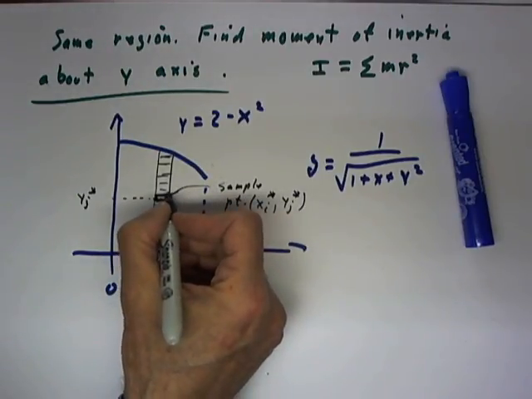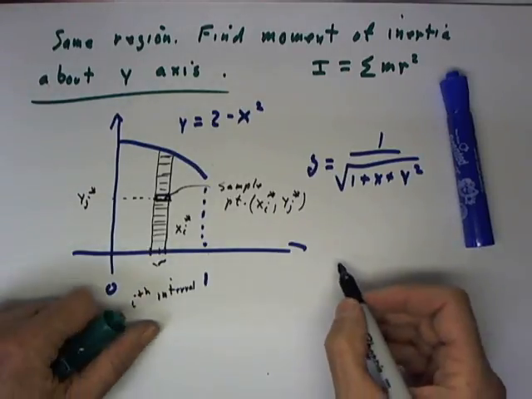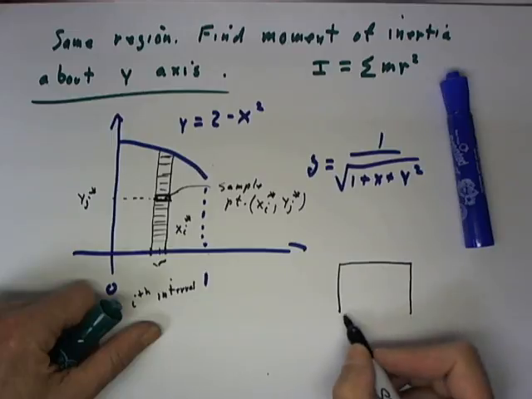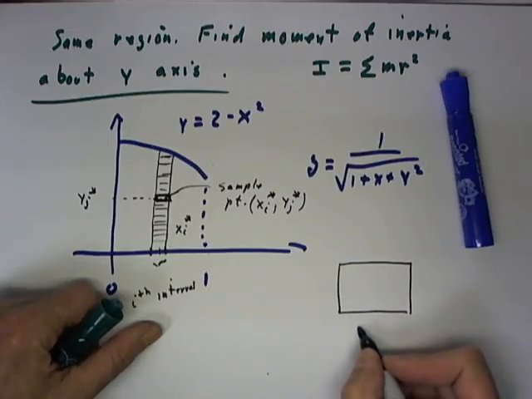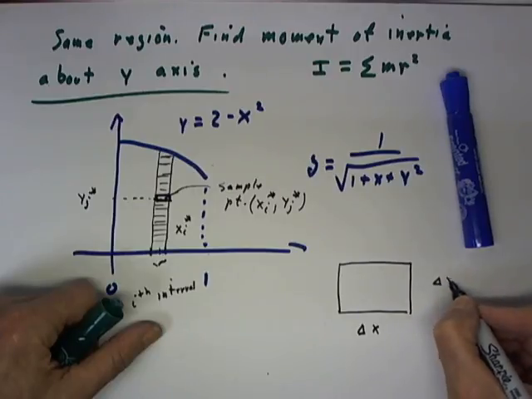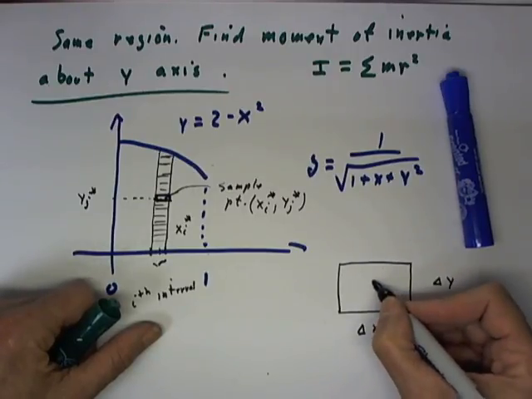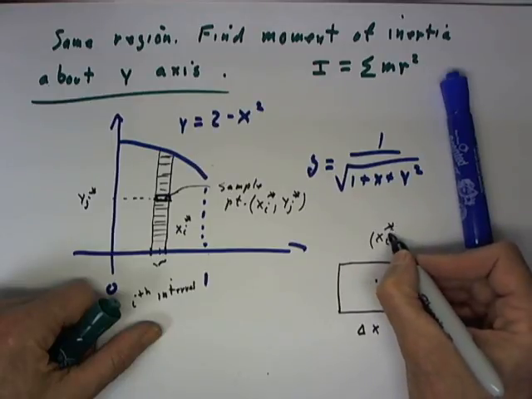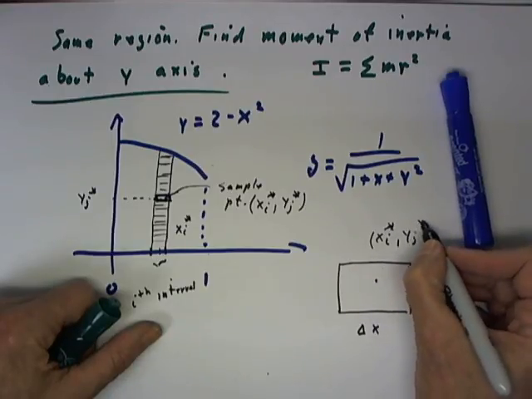Sample point will be somewhere in this region, and if we enlarge our region, we see that it's of dimensions delta x by delta y, with the sample point somewhere xi star, yj star.